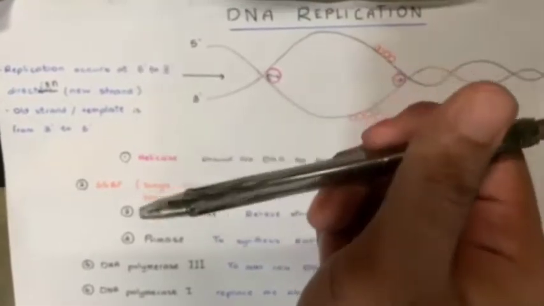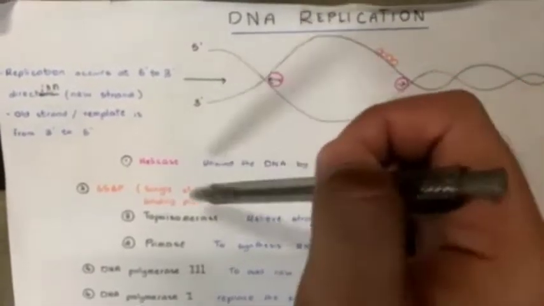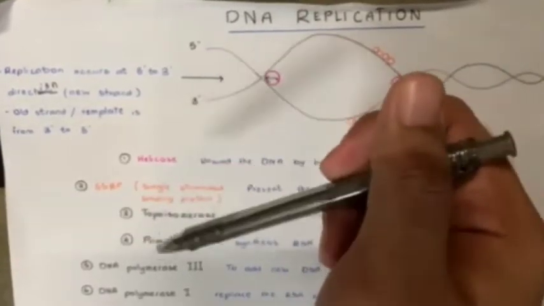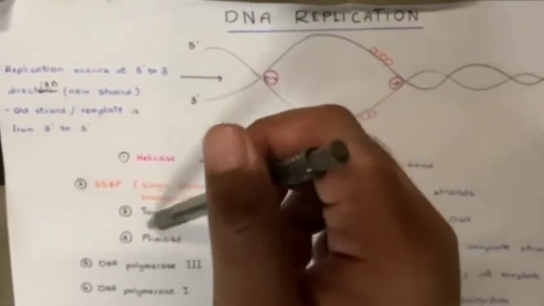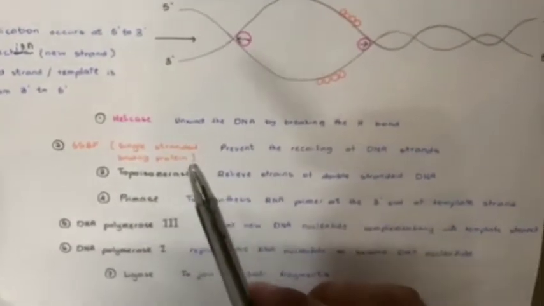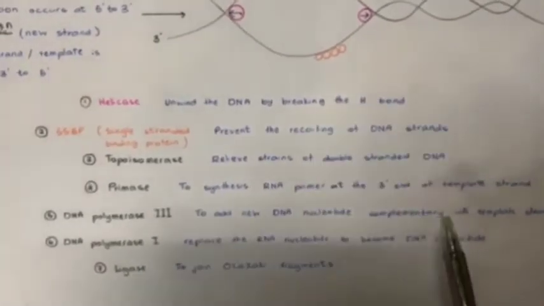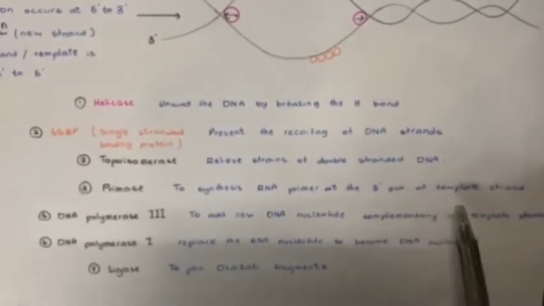So after we understand that, we proceed with replication. Start by forming the RNA primer. The RNA primer is formed by primase. Primase's function is to synthesize the RNA primer at the 3' end of the template strand.